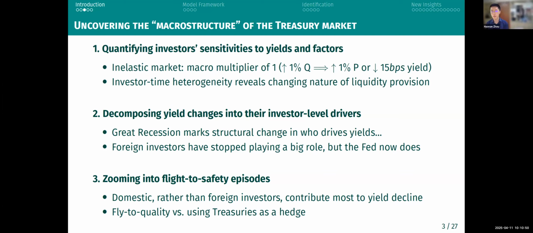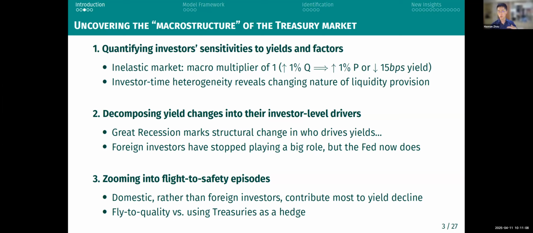And the second thing that we can do in this paper is to decompose, using our equilibrium framework, quarterly changes in yield into investor-specific drivers. So we can be very clear about the structural changes associated with the Great Recession.